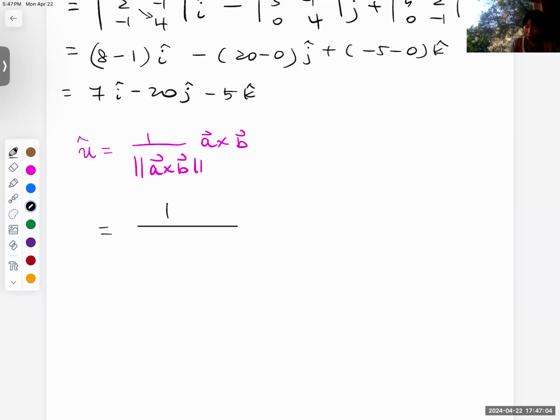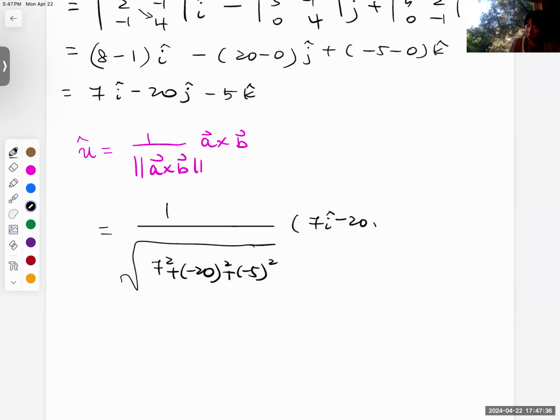So that will be 7I minus 20J minus 5K. But we have a magnitude, so we are using the length. That means we take a square root of them, using 7 squared plus -20 squared plus -5 squared, right? So can you please calculate? And then that will be 7I minus 20J minus 5K.